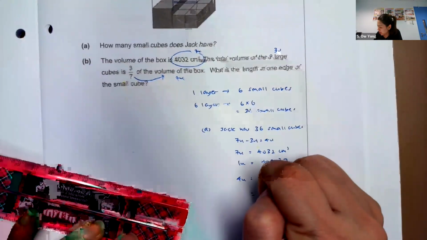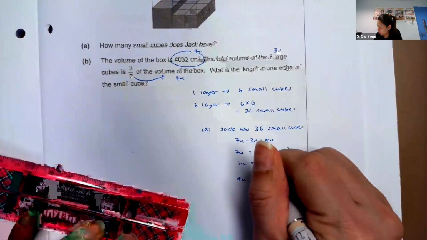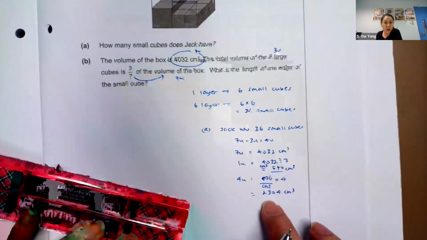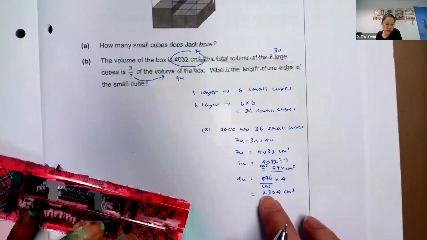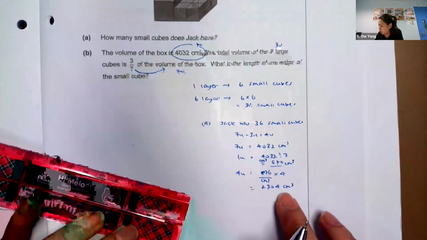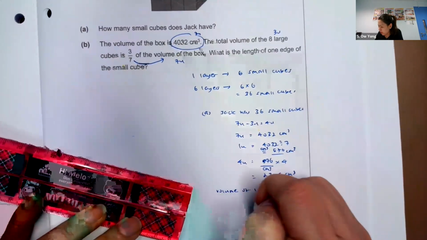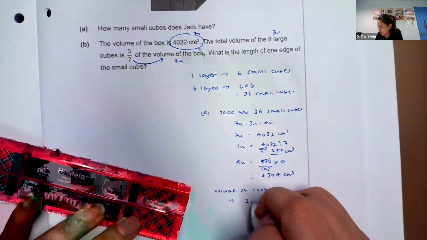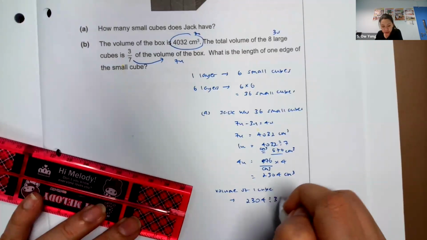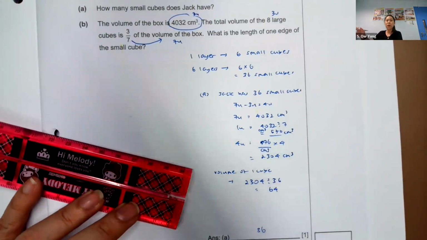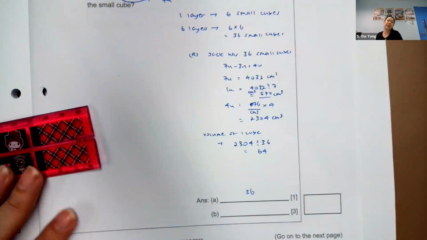Okay, let me add in the units for you. So meaning all the small cubes, the volume is 2,304. To get the volume of 1 cube, you divide by 36 to get 64. That means the volume of 1 small cube is 64.